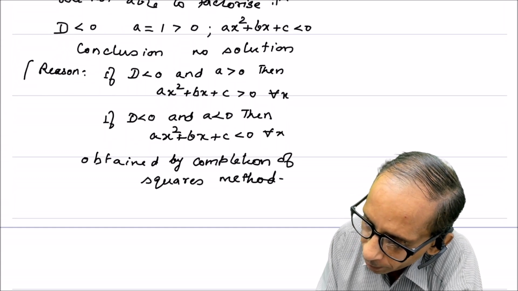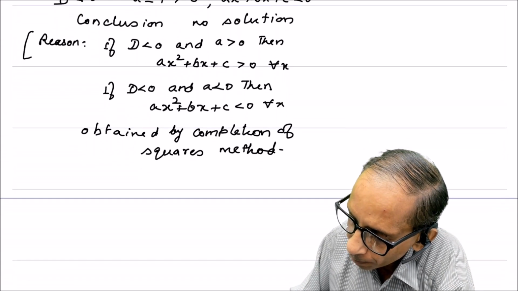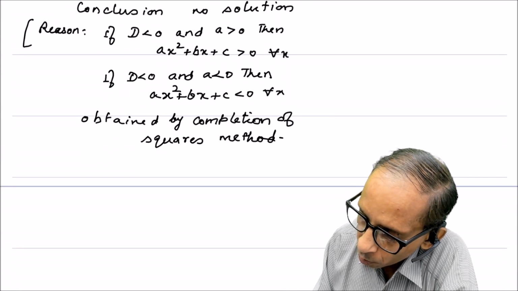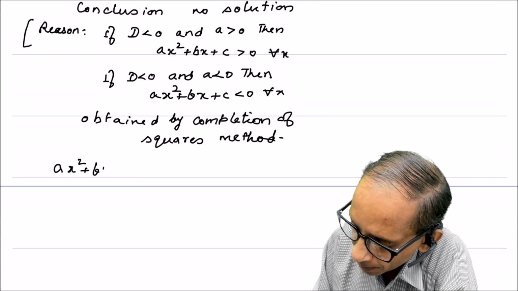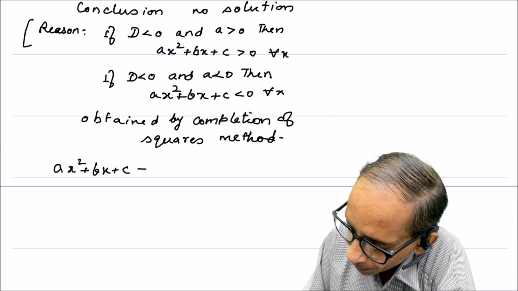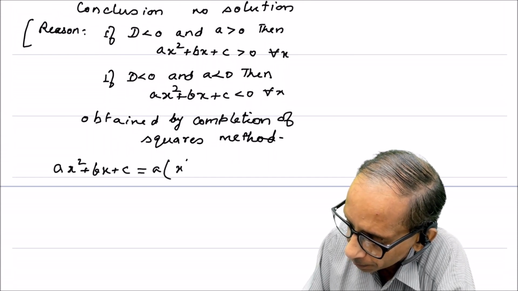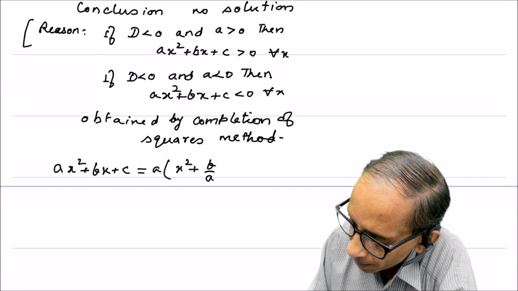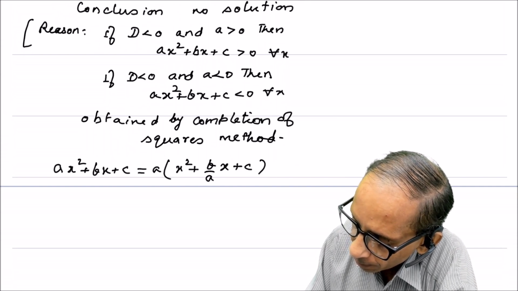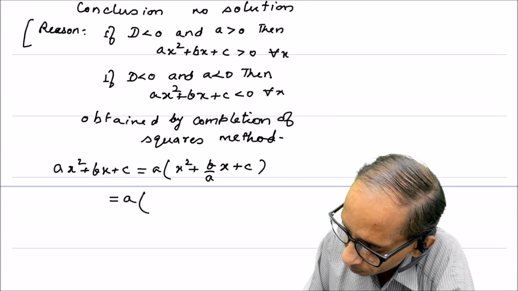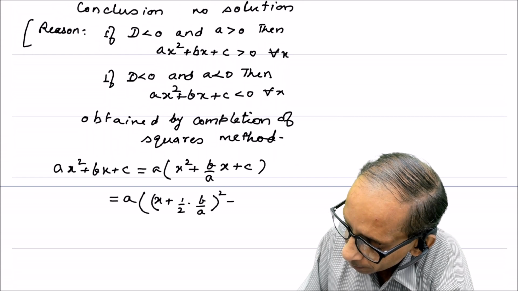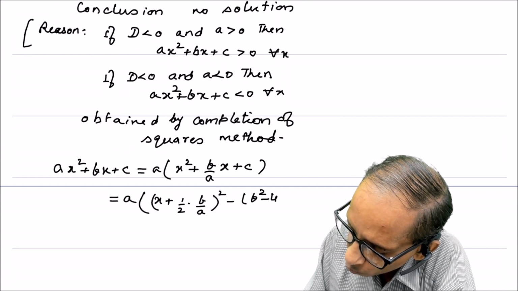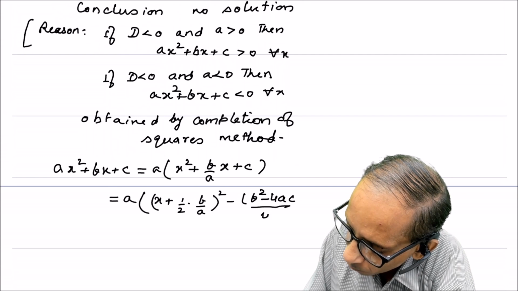We delve into it a little bit here for the reason that things have to be completed properly. So what is the method for it? ax square plus bx plus c. When we described the completion of squares method, we did it like this, and then we wrote it as a into x plus half of the coefficient of x, the whole square, minus b square minus 4ac by 4a square.